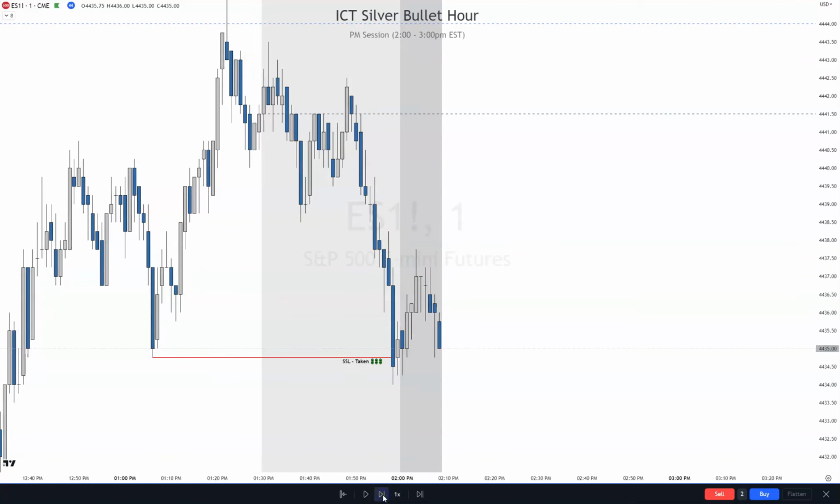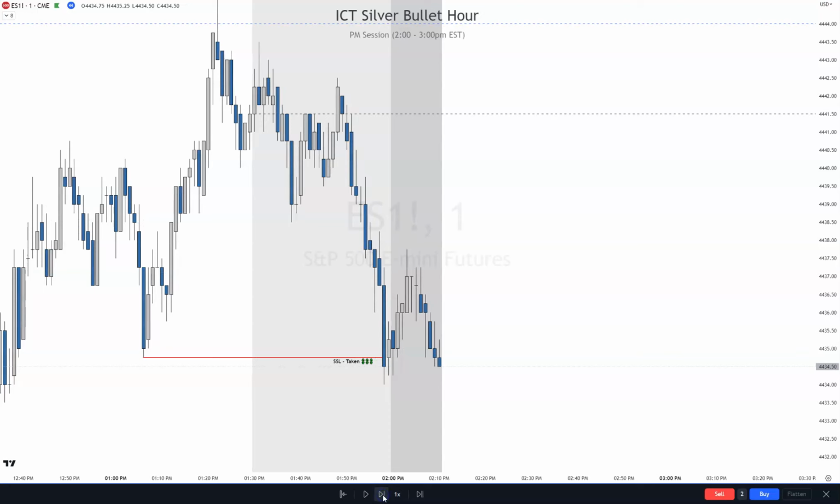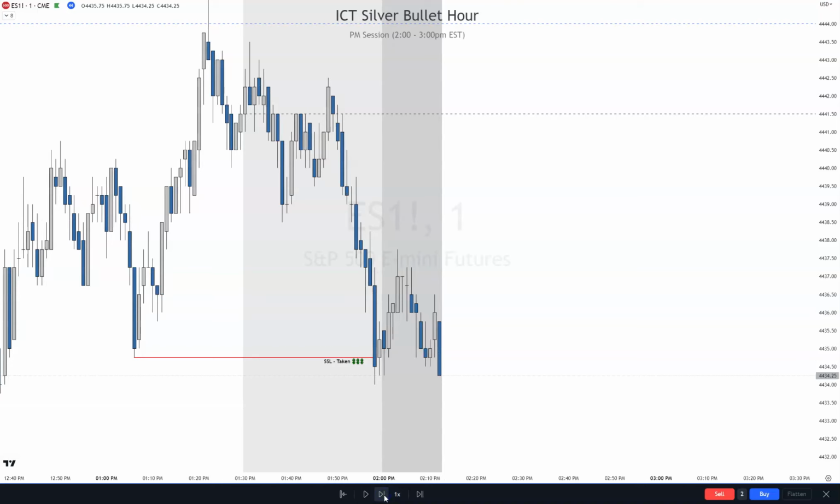That's a good, a long wick. Another volume imbalance. Okay, it doesn't take out the low here, obviously. Maybe we'll get one. Nope. Okay, another volume imbalance right there. That took out the low there. Okay, so that's good.